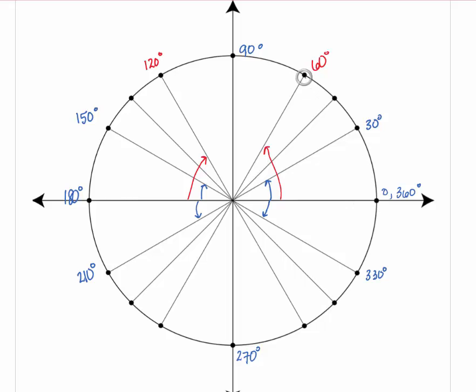If I go 60, add another 60 to 120, add another 60 to 180. I'm going to add another 60 down here to get to 240, add another 60 to get 300, which then if I added that last 60, it'd be over to 360. So I'm just cutting my unit circle into pieces of 60 degrees.